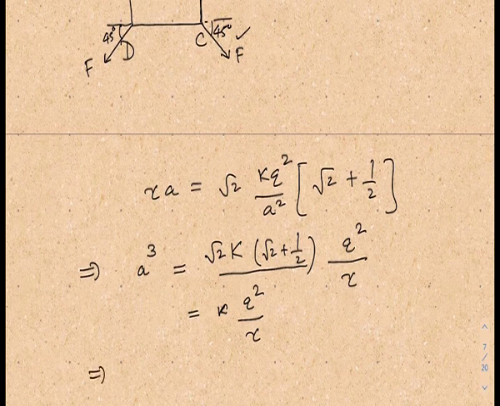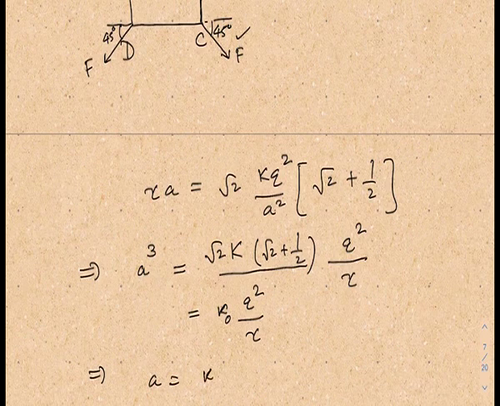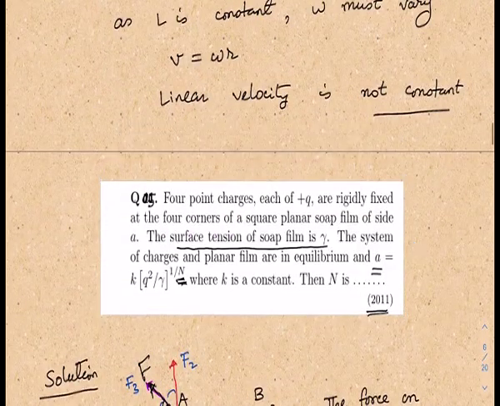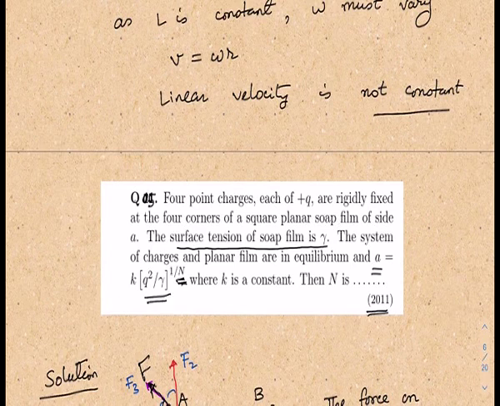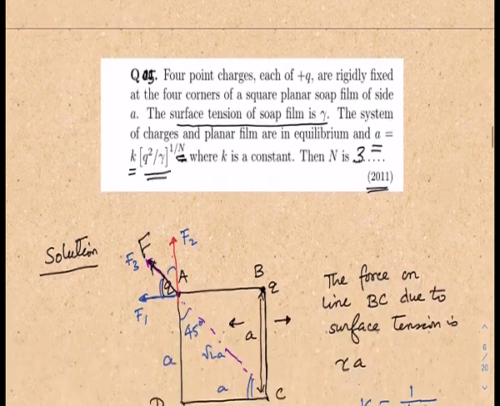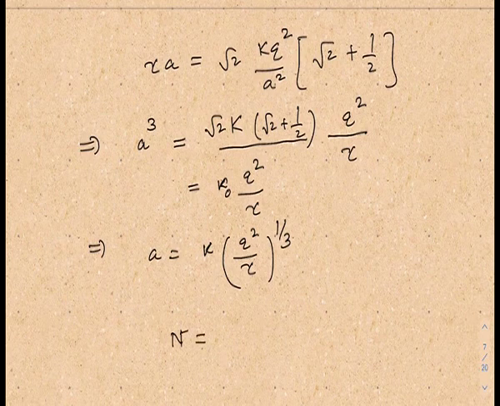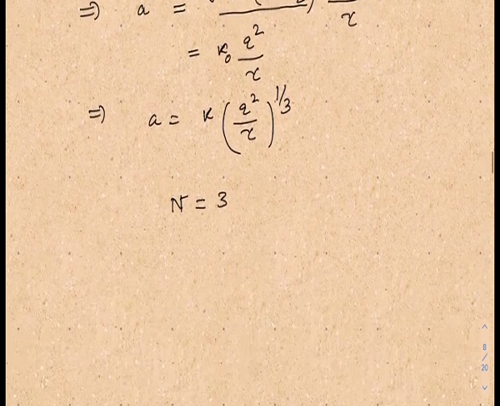So therefore your A is equal to, in the problem, let me say this k0, and then k0 to the power 1 by 3. So that is a constant k, Q square by gamma to the power 1 by 3. So if you look at the problem here, Q square by gamma is some constant, and 1 by 3 we are getting, so n is equal to 3. So it's a simple problem. I'm doing it in detail, but some of you can do it within minutes now. N is equal to 3.